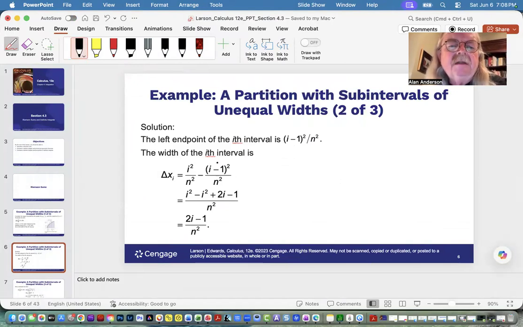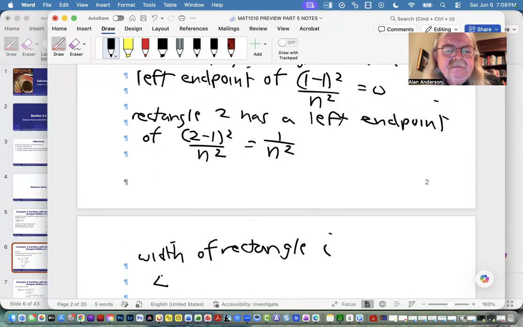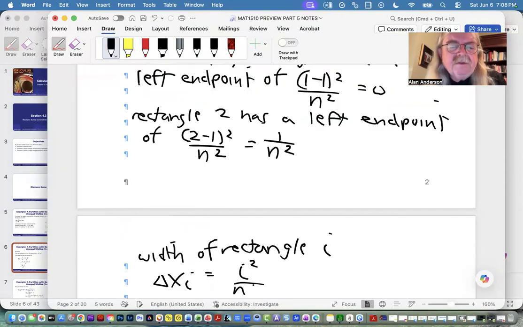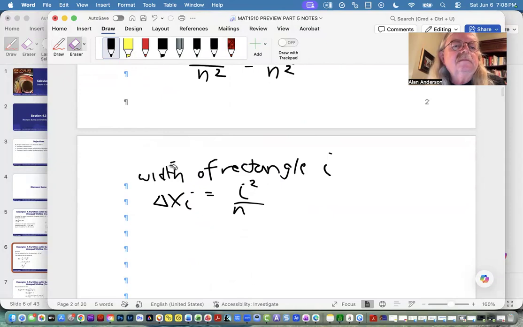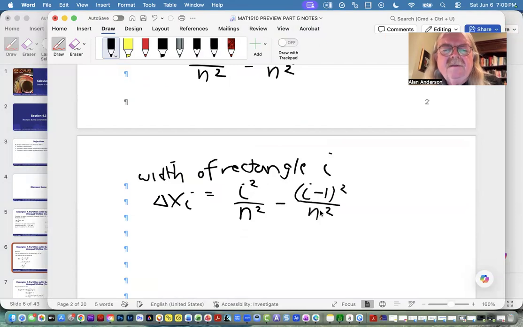So for any two consecutive endpoints, the gap is equal to i squared over n squared minus (i minus 1) squared over n squared.